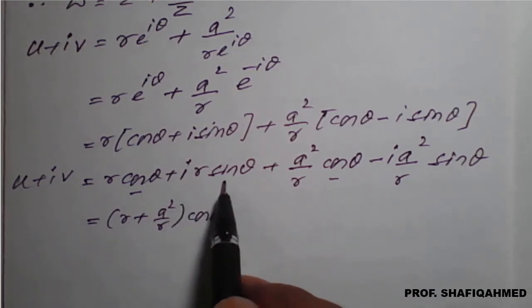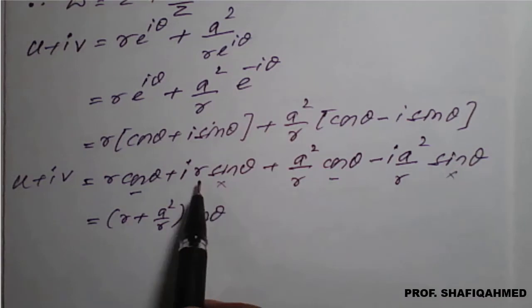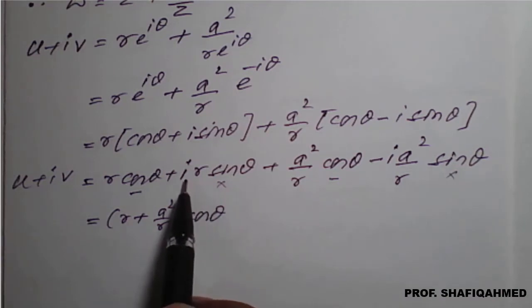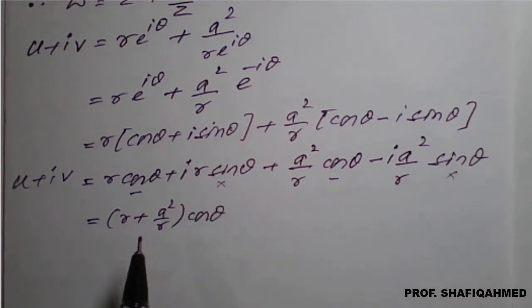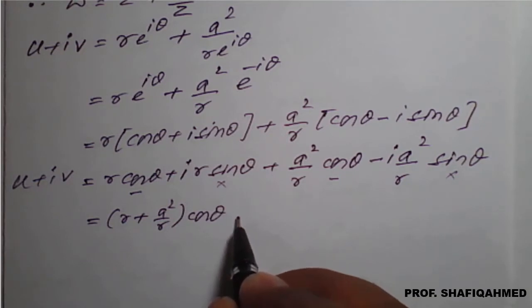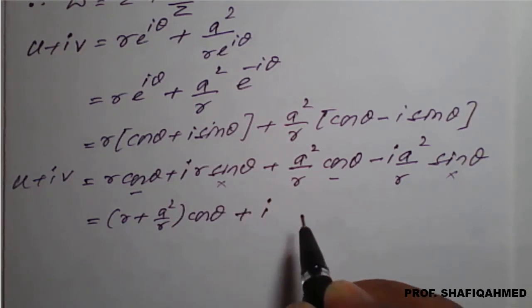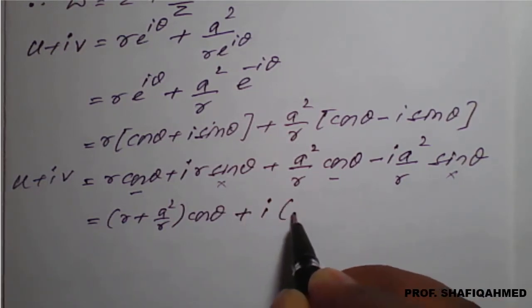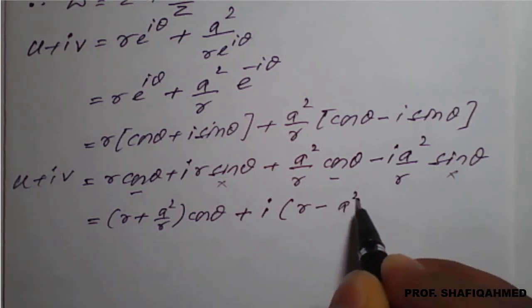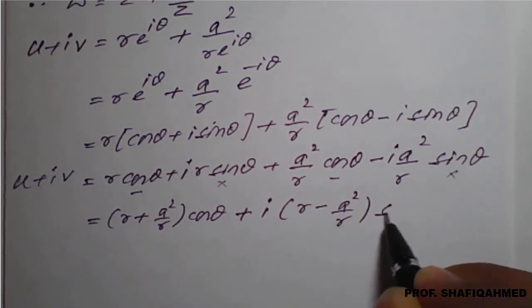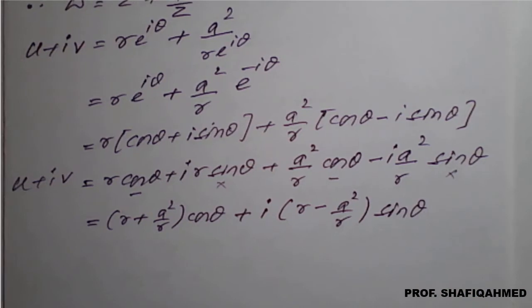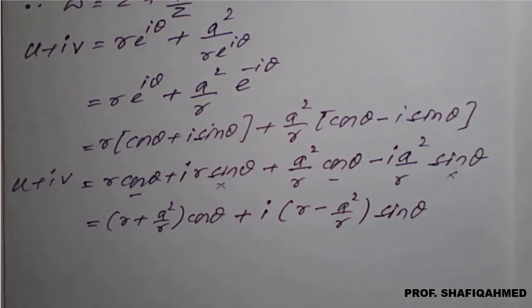Similarly, from the other two terms, i and sin θ are common, so plus i (r - a²/r) sin θ. So we have separated and taken the common factors.